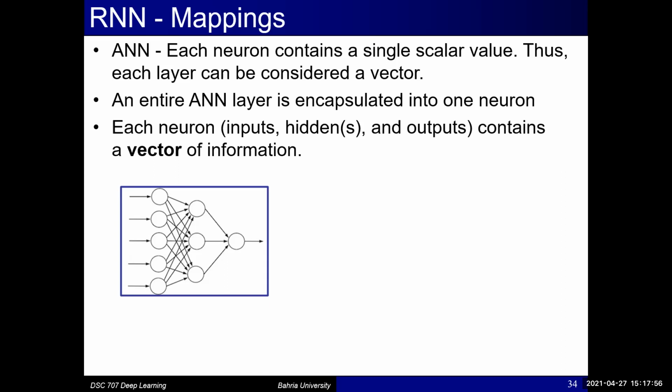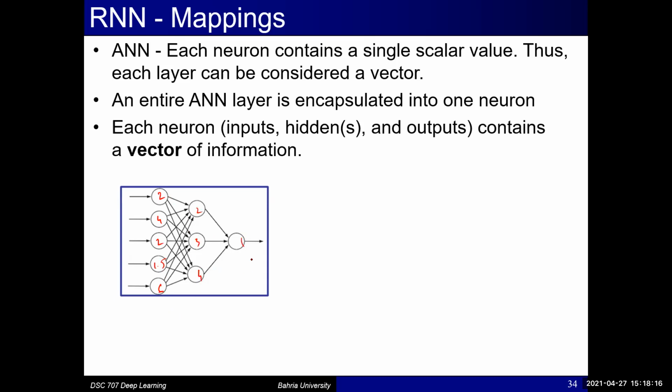For some time, let's forget about RNN and just focus on a simple ANN. On your screen, you can see a simple ANN. These are different neurons and every neuron has a single value, maybe 1.56. So every neuron has a scalar value.